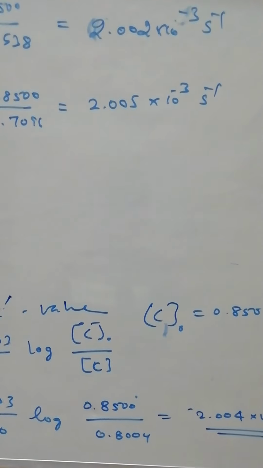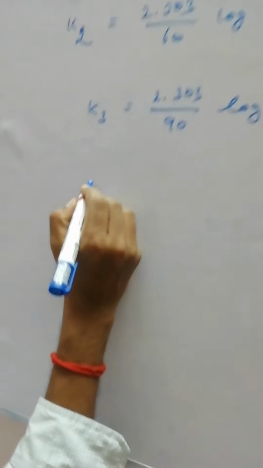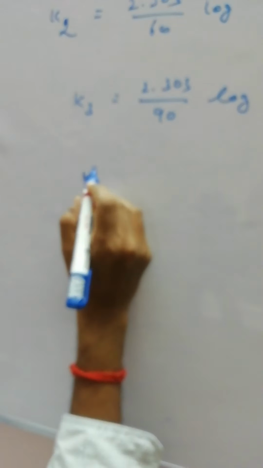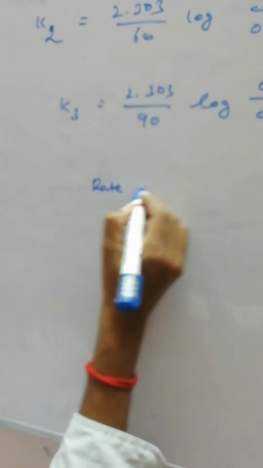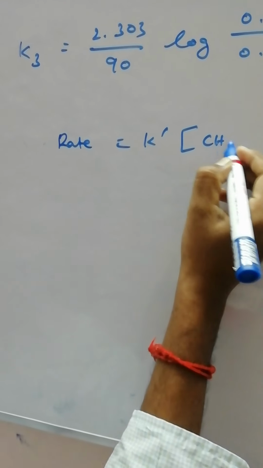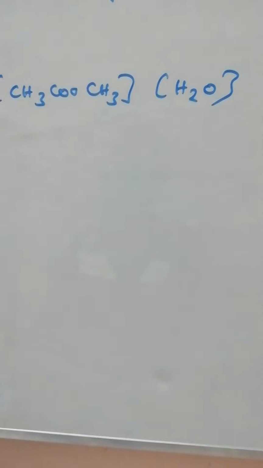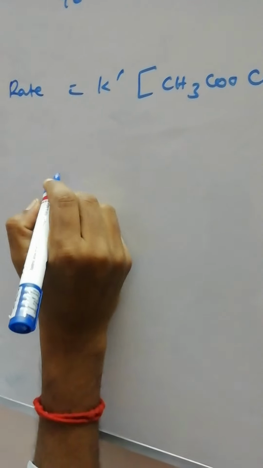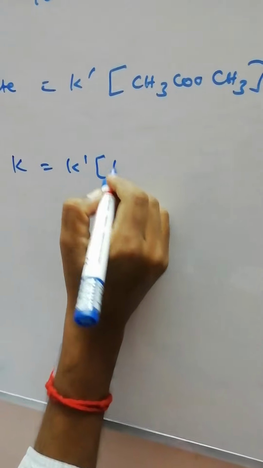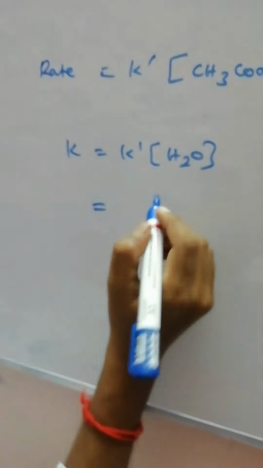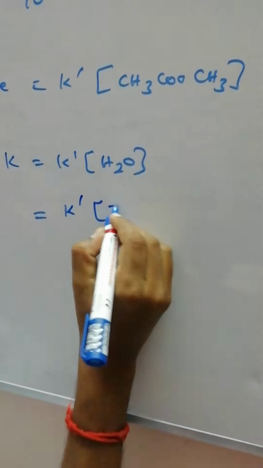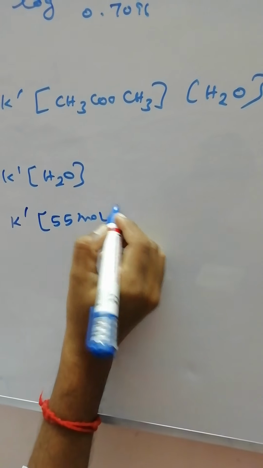Now we have to calculate the K prime value. Rate is equal to K prime into CH3COOCH3 into H2O. In this equation, K is equal to K prime into H2O. So K prime is K divided by H2O, which is 55 moles per liter. This is given.